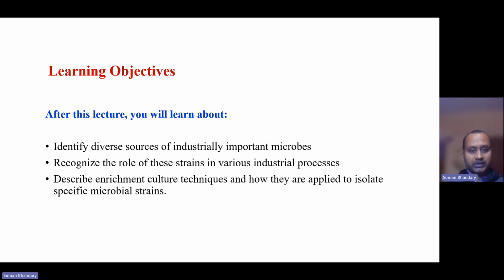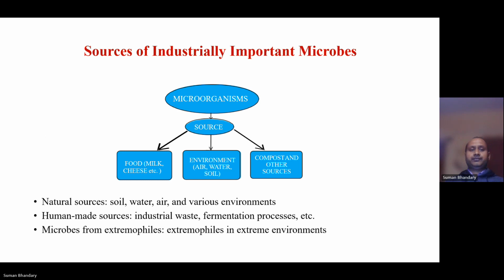Let us start with the sources of industrially important microorganisms. So generally, we know that industrially important microorganisms can be sourced from various natural environments as well as human-made processes.